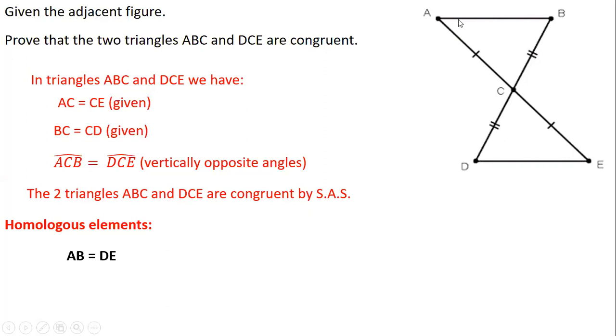If I want to know which angle is homologous with BAC, this angle, which angle is homologous with it? This is side AC equal to side CE. This is side AB equal to ED. So the angle at vertex E is equal to the angle at vertex A, between the two equal sides. So angle CAB is equal to angle CED, and angle ABC is equal to angle CDE. These are the homologous elements.